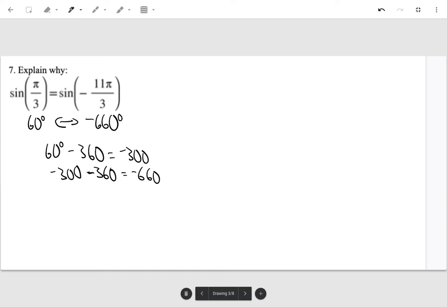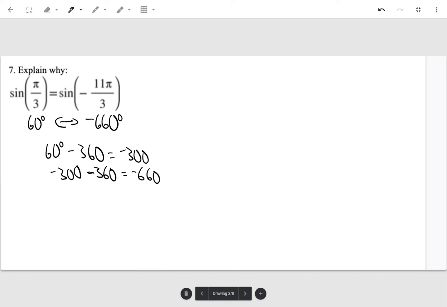They end at the same spot. If I take 60 and subtract 360 twice, I get negative 660. If they're coterminal, that means their sines also have to have the same value. So explain why these two angles have the same sine.